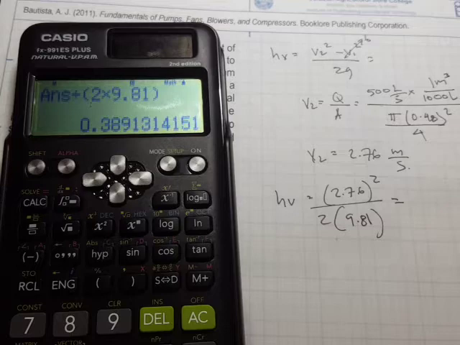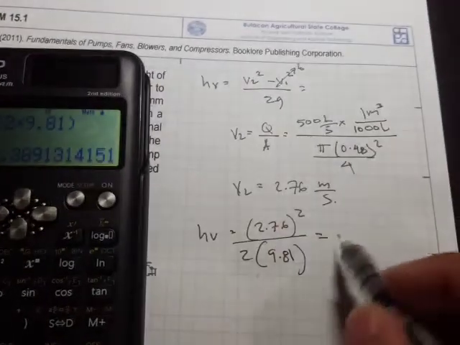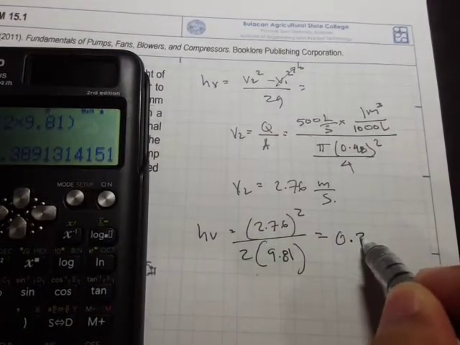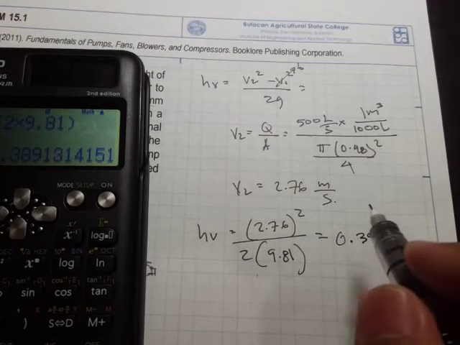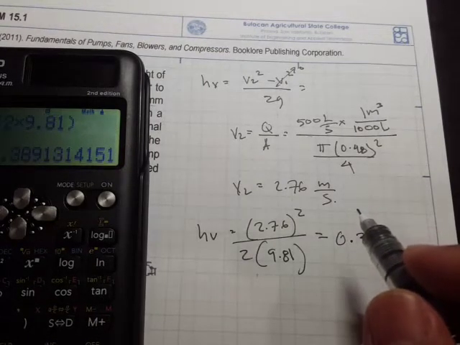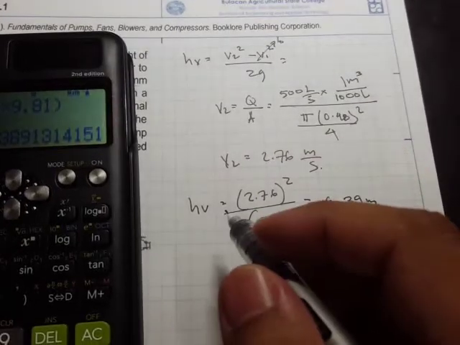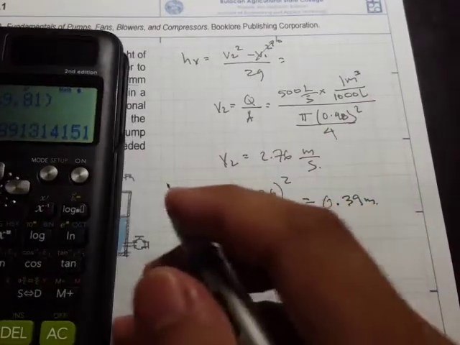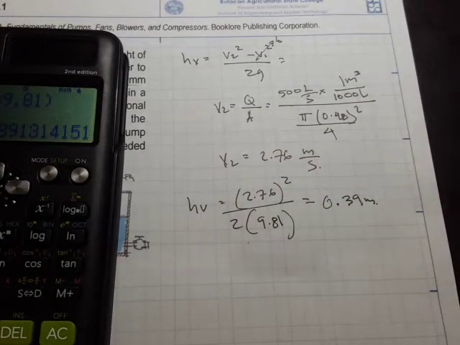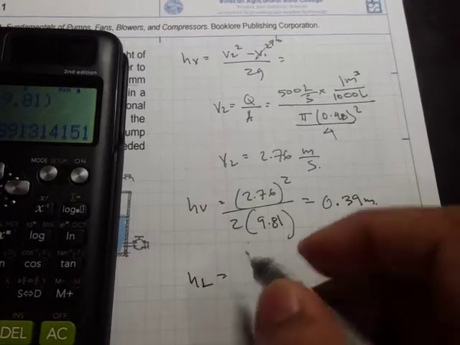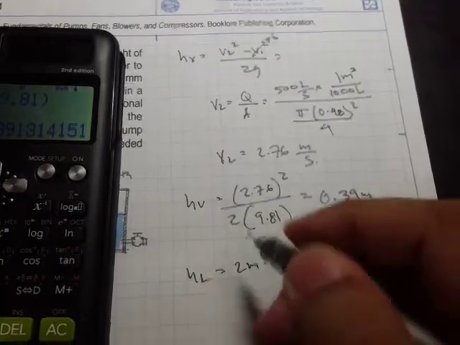We have 0.39 meters. And for our head loss, that's already given, 2 meters.